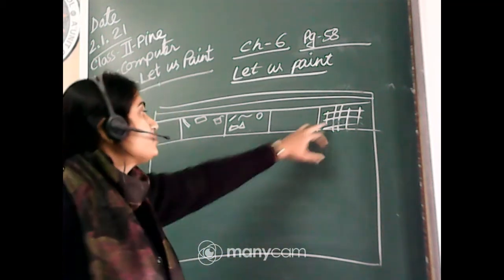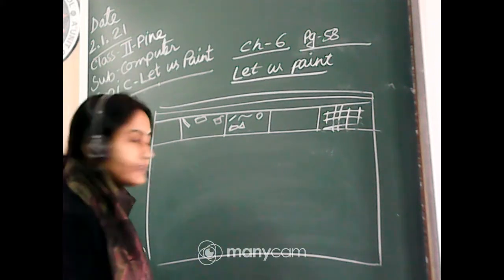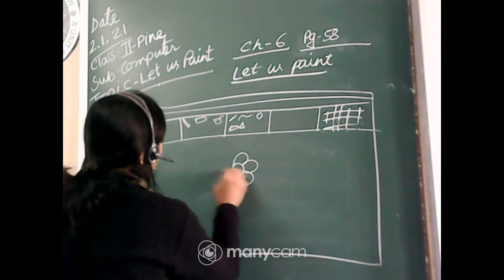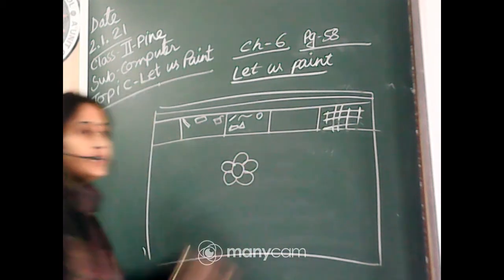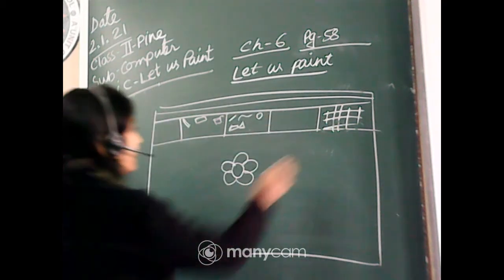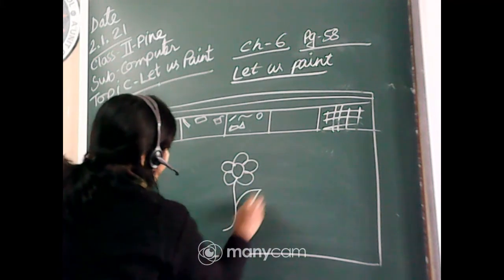Suppose you have chosen the red color, and with the pencil tool you draw this with the red color, and then change the color. Suppose you want to draw a leaf with green color, then choose the green color and draw this type of line and leaves.